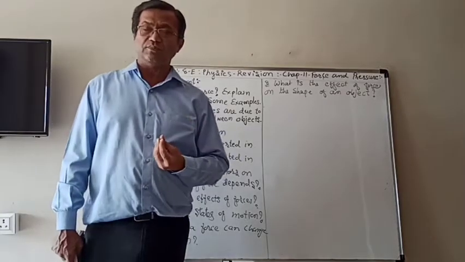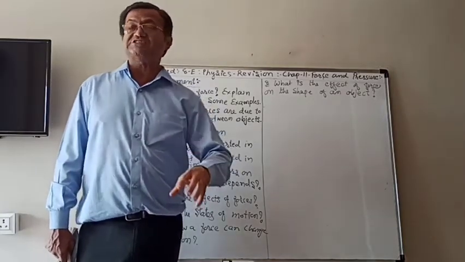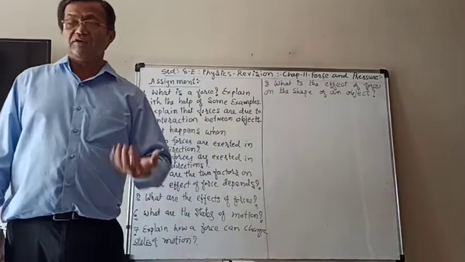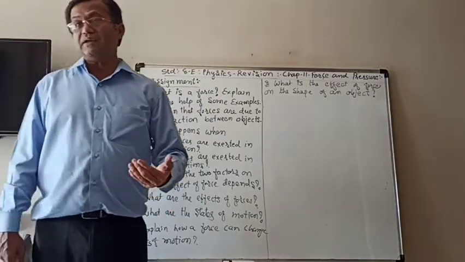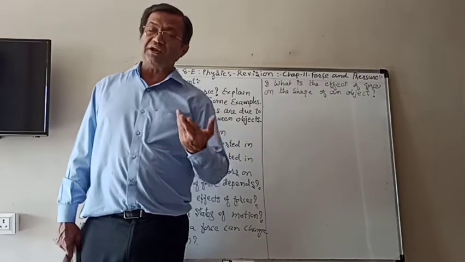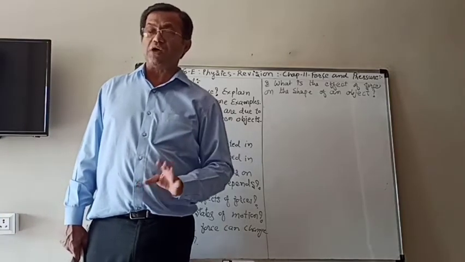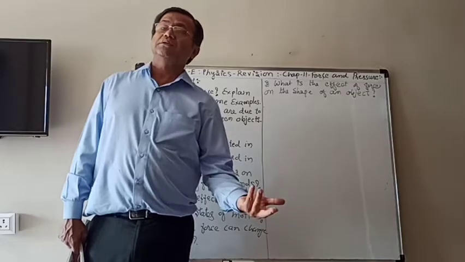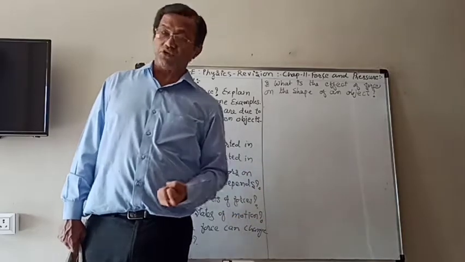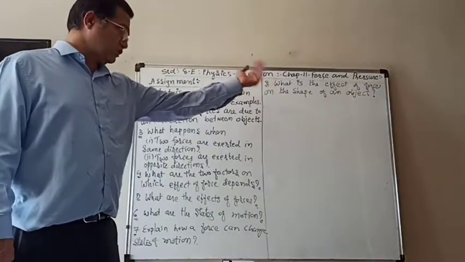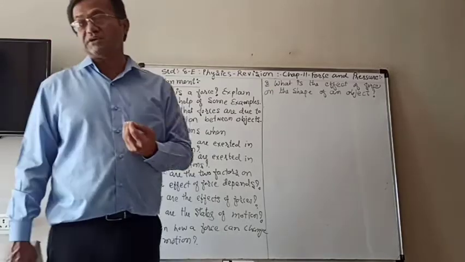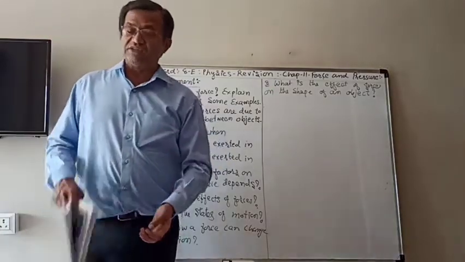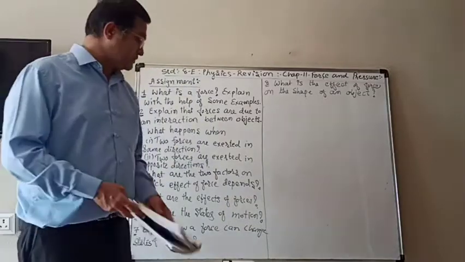I already explained that if an object is stationary, then when we apply force it can start moving. And if it is already in motion, then it can be slowed down or it can get faster also. And lastly, I also explained the effect of force on the shape of an object. It can change the shape of the object.